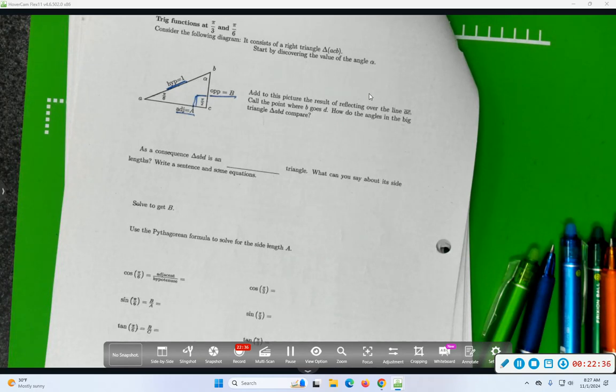Cool, then I will. What do angles inside of a triangle have to add up to? In degrees or radians? 180 degrees. Angles inside a triangle add up to 180 degrees.